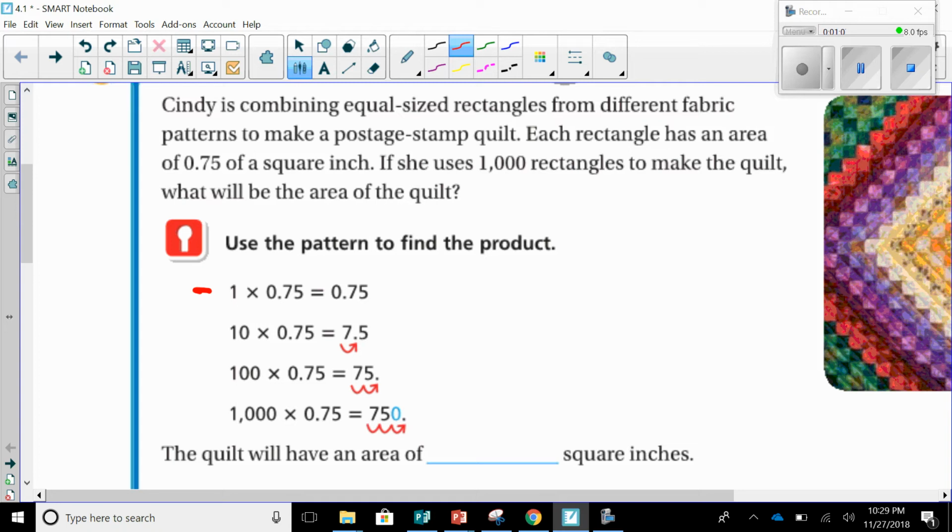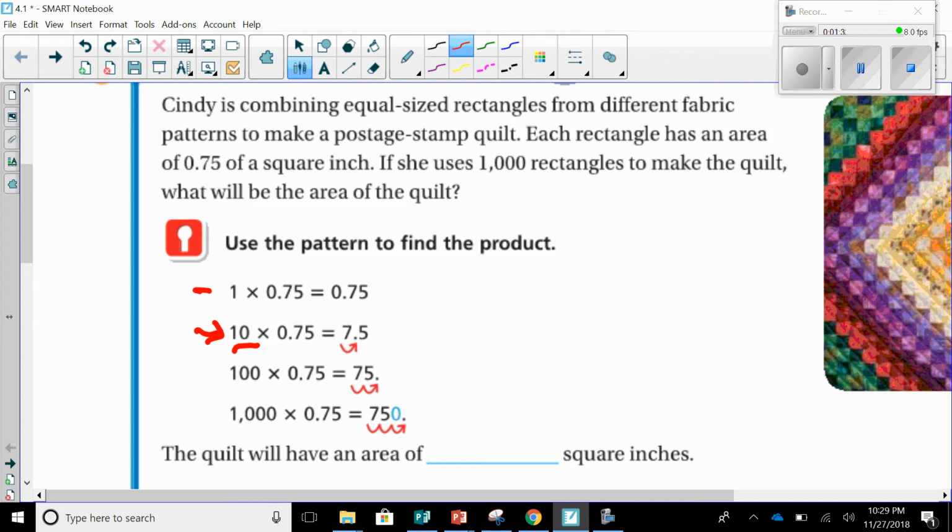So when I go down and look at the next one, I'm doing 10 times 0.75. The way I look at this is I look at how many zeros are in this 10. Those zeros are telling me how many places I am going to move that decimal point.